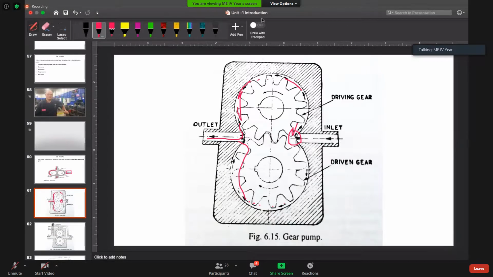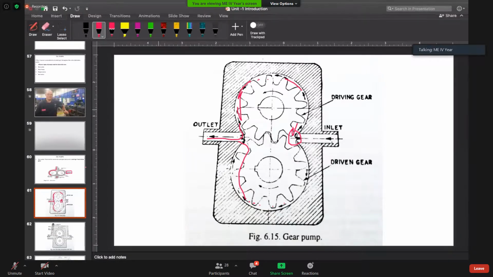So this is about your gear pump, and some discussion from your friend about other types of pumps. Now, one by one we will see the diagrams of all the pumps, and you have to draw them. You have to draw it, then only you will get practice, and I want to see what you are drawing in your canvas.